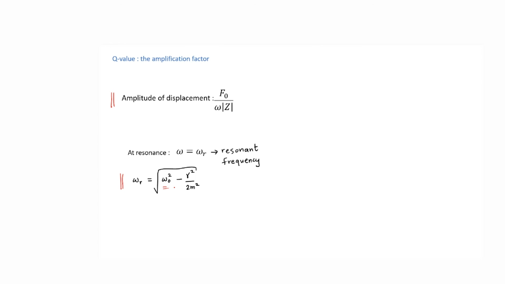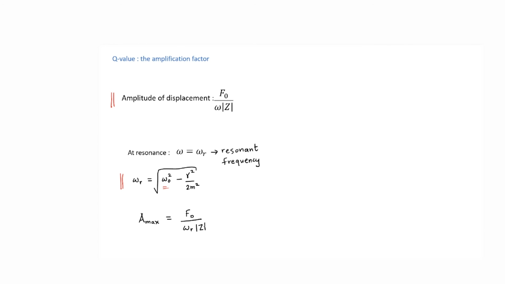Now the maximum amplitude, let me call that quantity A max, that you can ever get would be f 0 divided by, you replace omega by omega r, times mod z. So, this is the maximum amplitude you could ever get for the set of parameters that you have chosen for your oscillator.